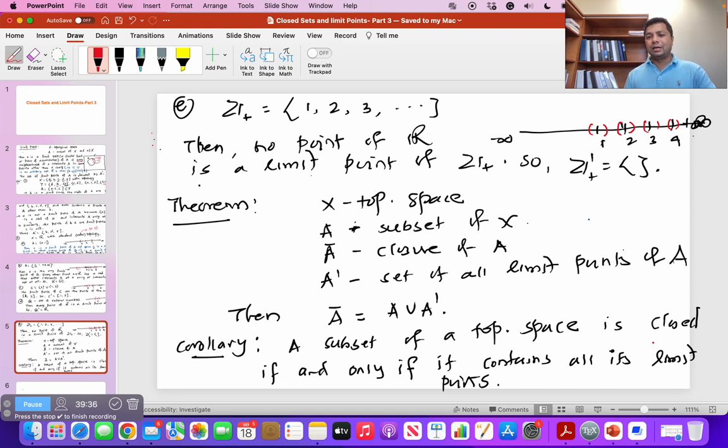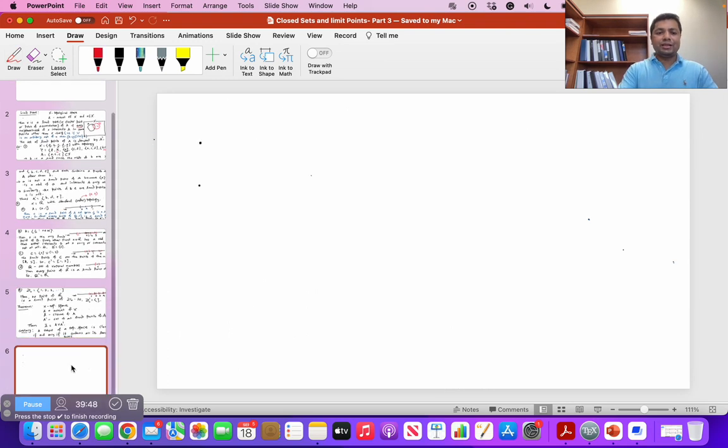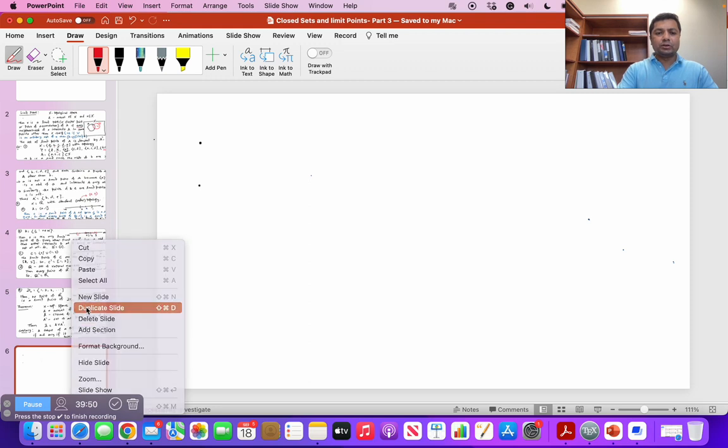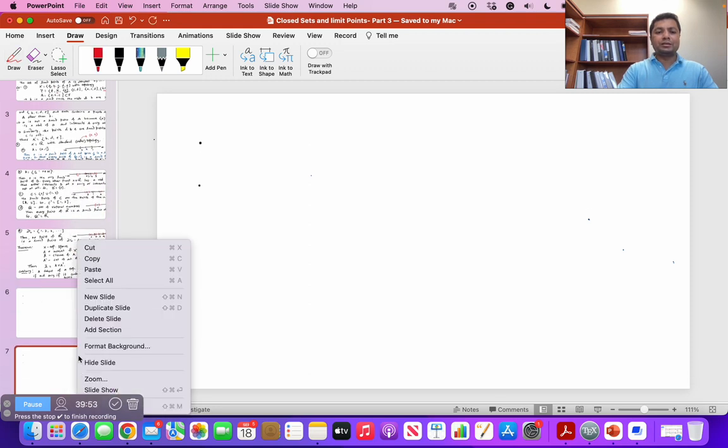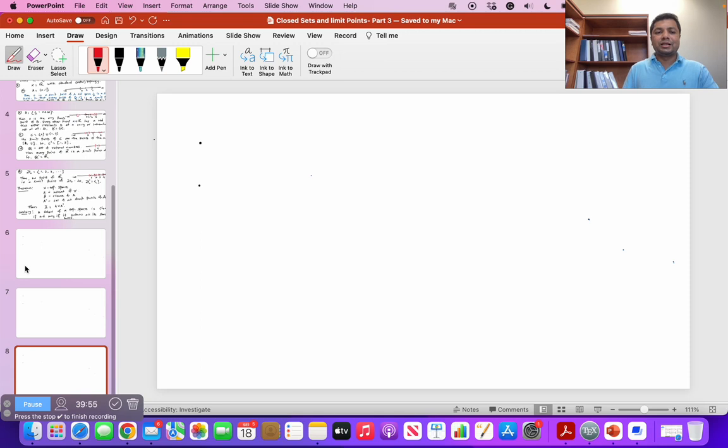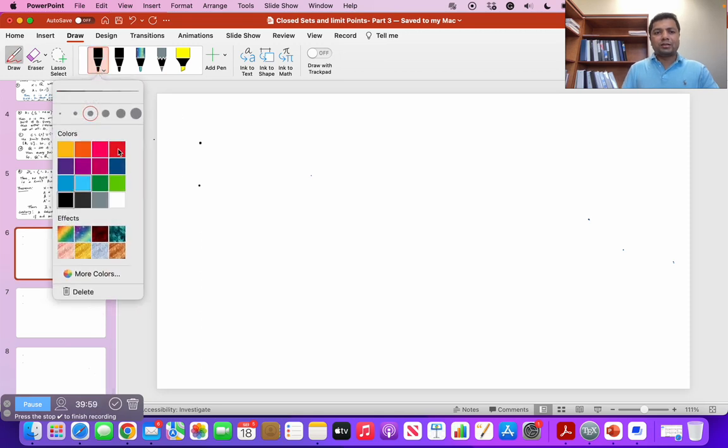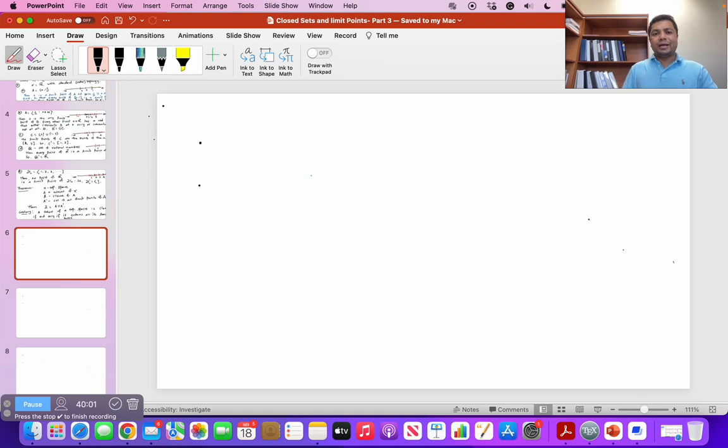That means A prime is going to be a subset of A, and if a set contains all its limit points, then that set is going to be a closed set. You can see this is an if and only if statement, so we have implications in both directions. That means if the set is closed, then it contains all its limit points, and if the set contains all its limit points, then it's going to be closed.